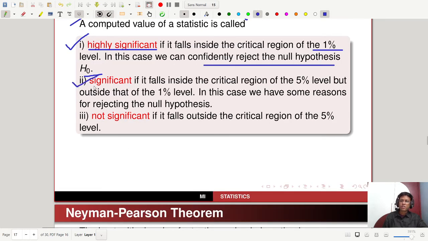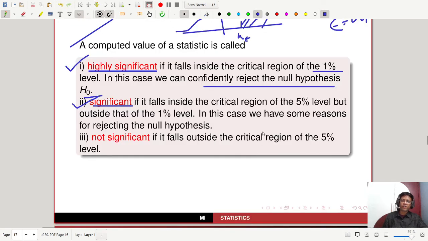Number two, significant, if it falls inside the critical region of the 5% level, but outside that of the 1% level. So it lies between 1% and 5%. In this case, we have some reasons for rejecting the null hypothesis.